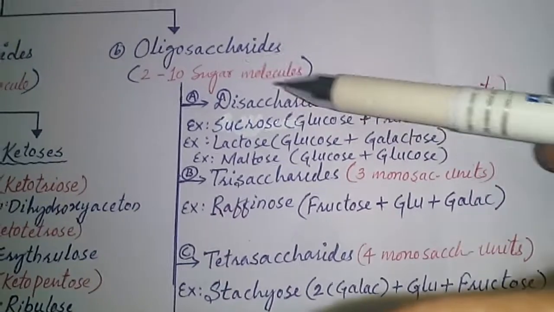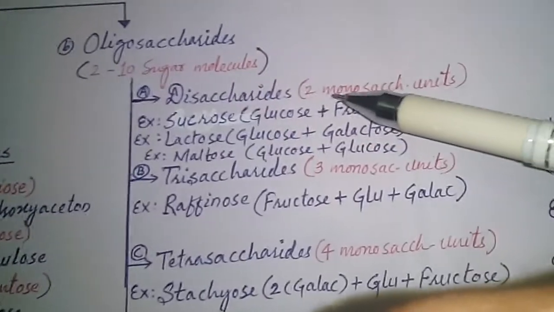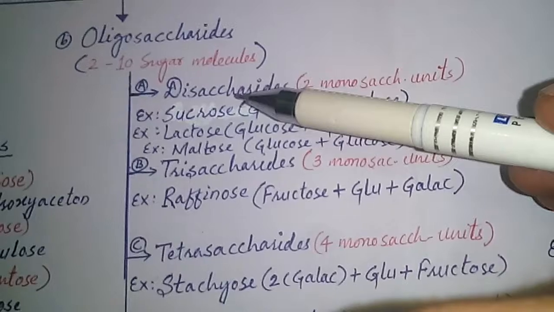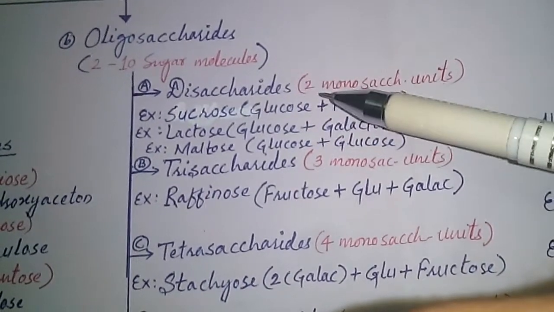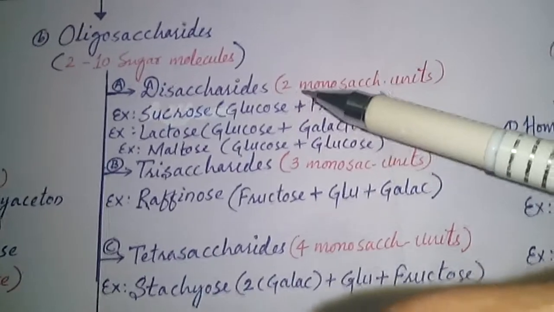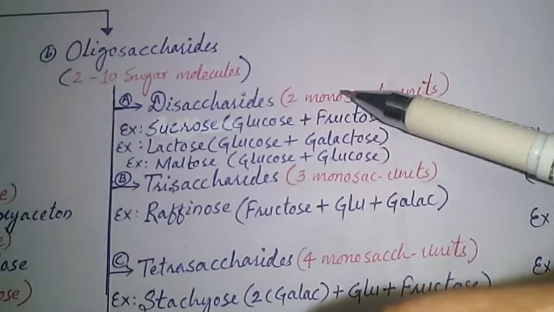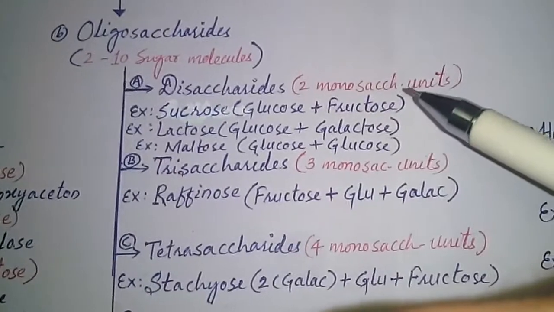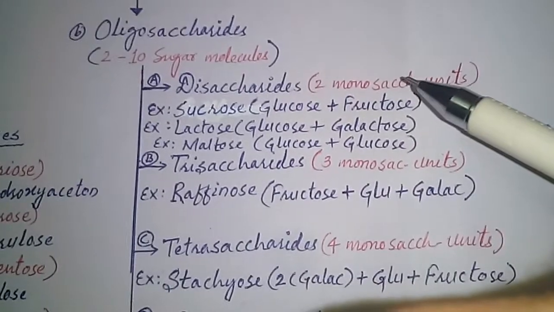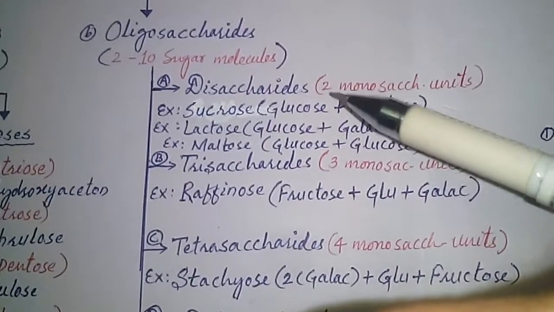Disaccharides are those type of oligosaccharides. Di means two, saccharides means sugar molecules. So disaccharides are those oligosaccharides which contain two monosaccharide units, and on hydrolysis they break into two monosaccharides.